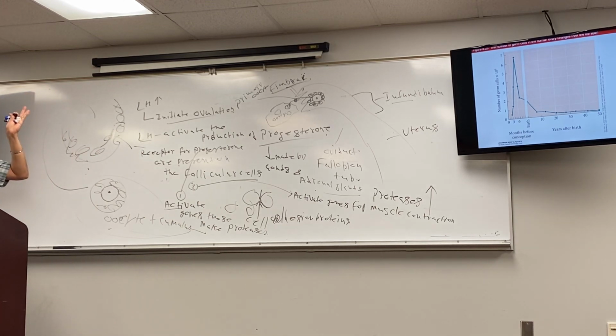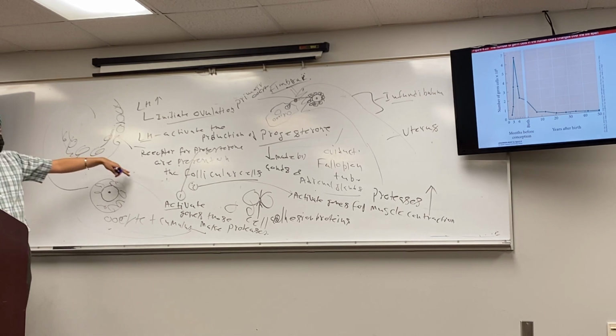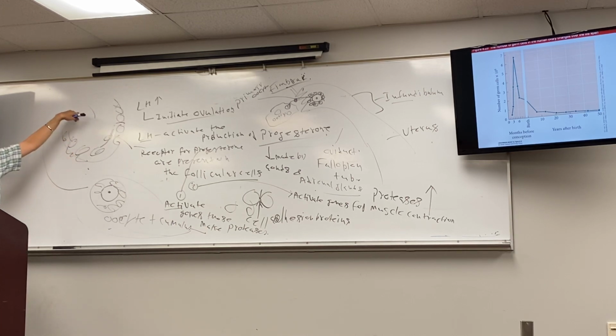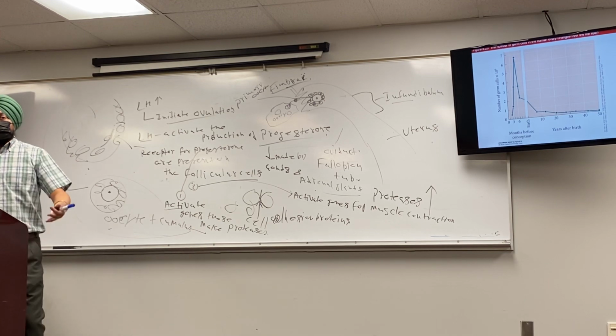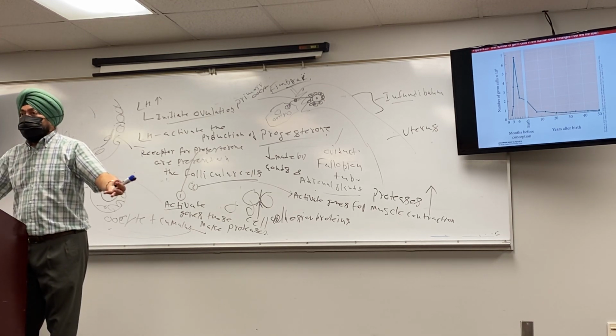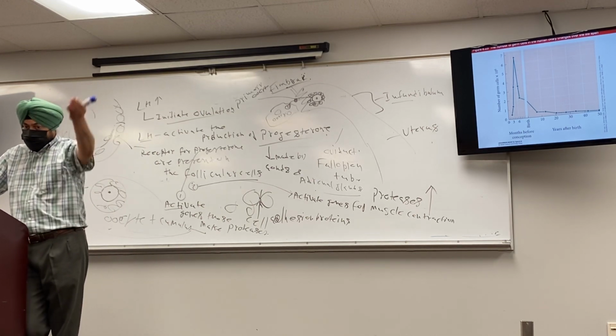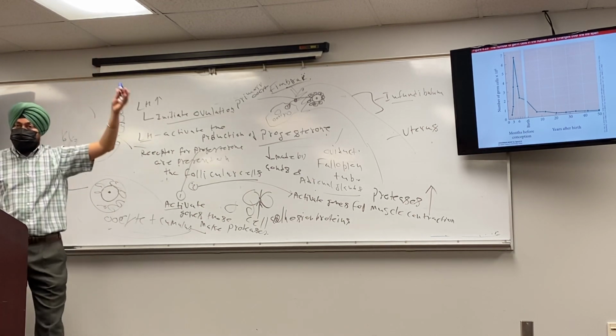Making sense? Yes. So, does the LH bind or does the progesterone bind to cause those two? Luteinizing hormone produces progesterone. Progesterone binds to its receptor, which is expressed on the cells of the follicle. Progesterone is a hormone, so it can directly activate gene expression. It activates the gene expression for proteases.